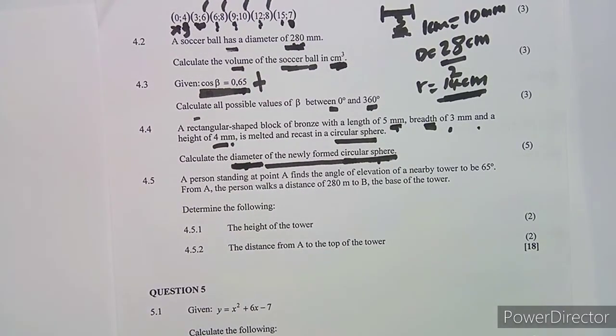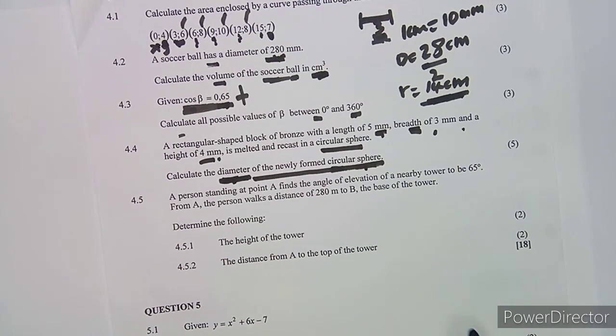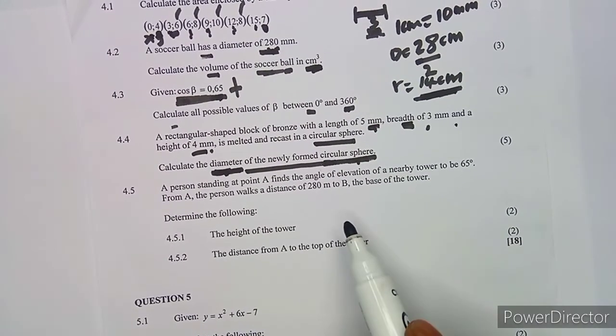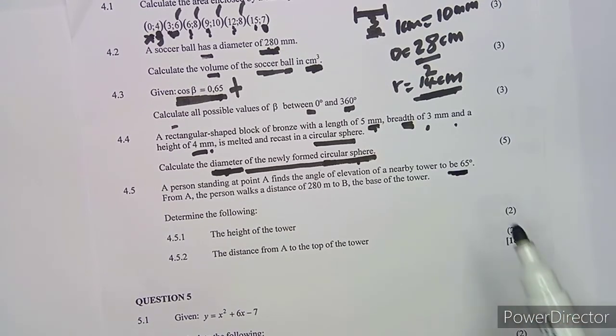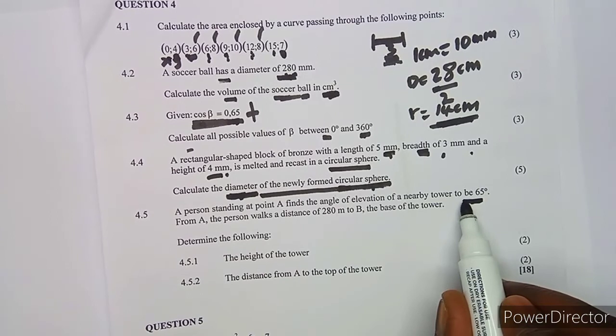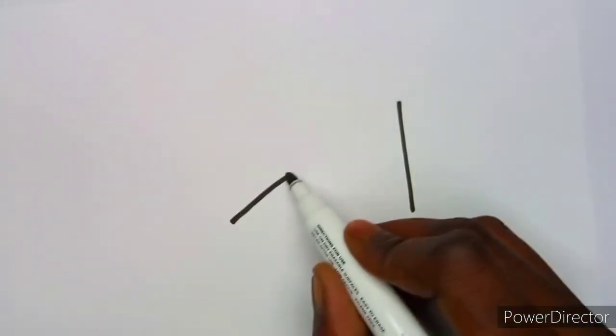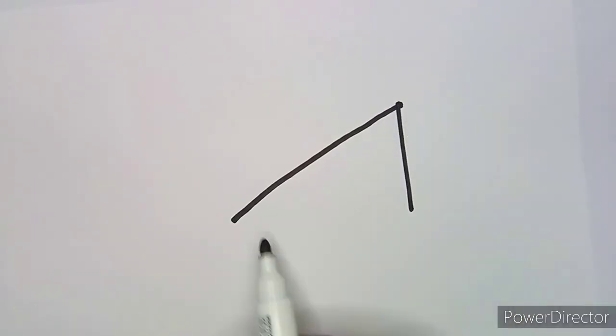All right, then on 4.5 we are given a man standing at a point A finds that the angle of elevation of a nearby tower is 65 degrees. So there's a tower like this, it's vertical, and there's an angle of elevation of 65 when he was at point A, looking at the top of the tower.